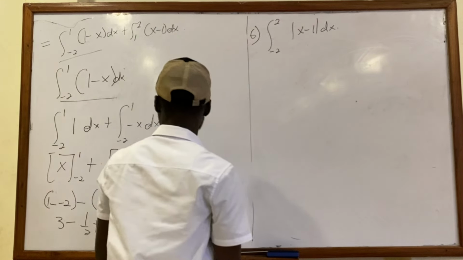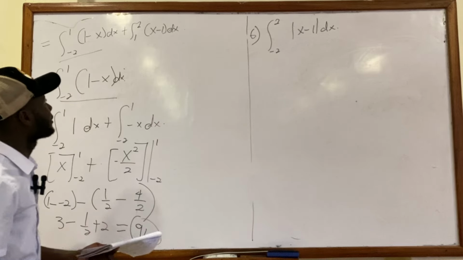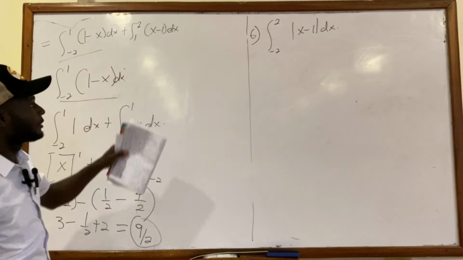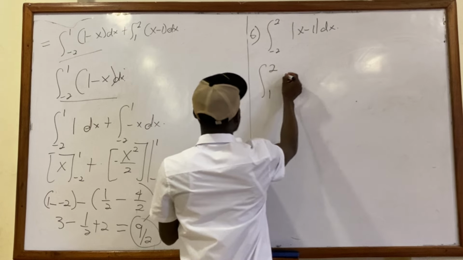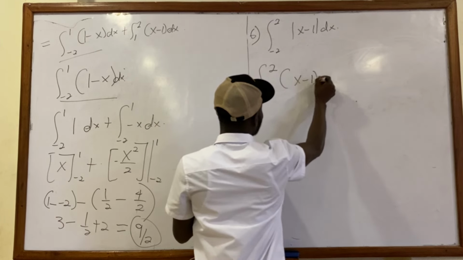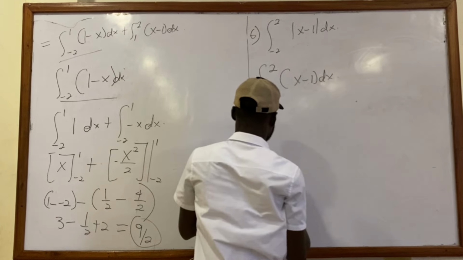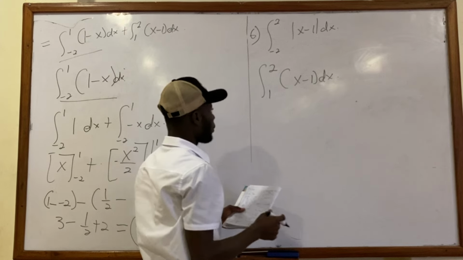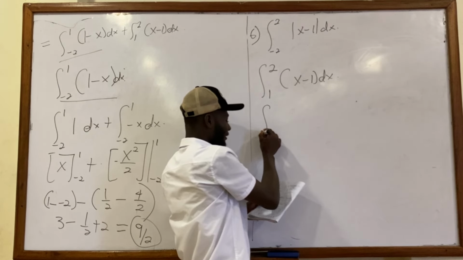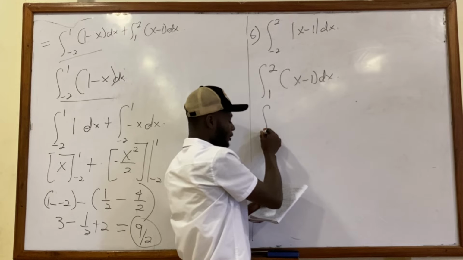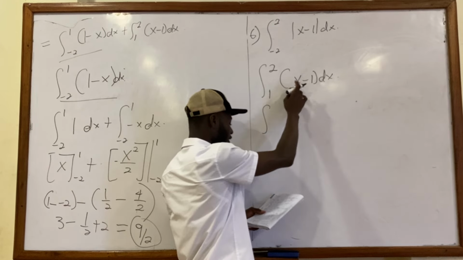So let's look at the positive aspects when we split. So we are going to have the integral from 1 to 2 of x minus 1 dx. And then when you do this nicely, we can split this particular function into 2.